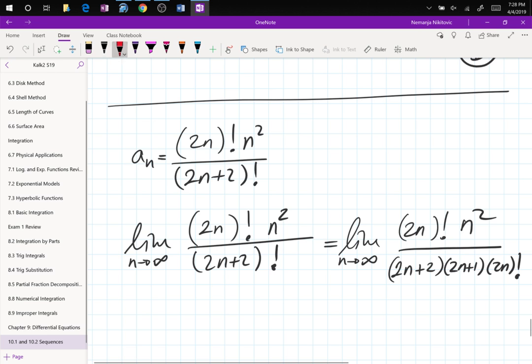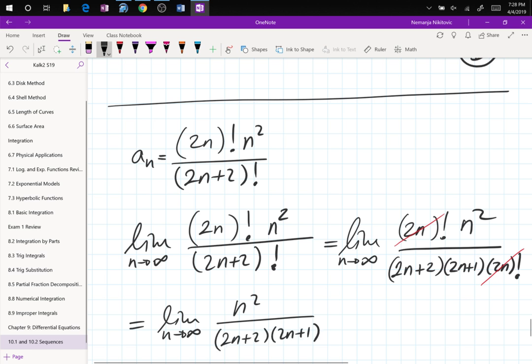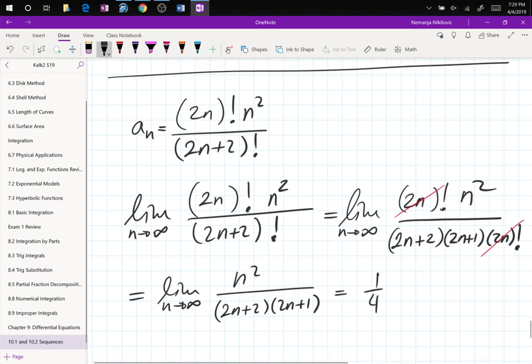This is where these factorials cancel, and I'm left with basic Calc 1: n squared divided by 2n plus 2 times 2n plus 1, which is clearly 1/4. It converges to 1/4. That's problem 34.